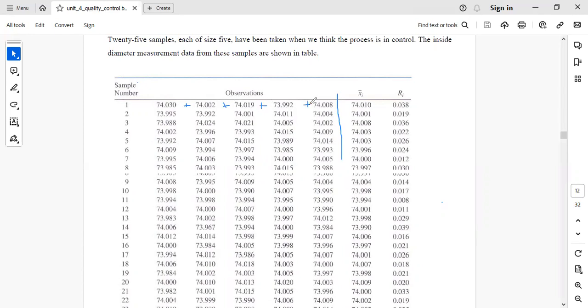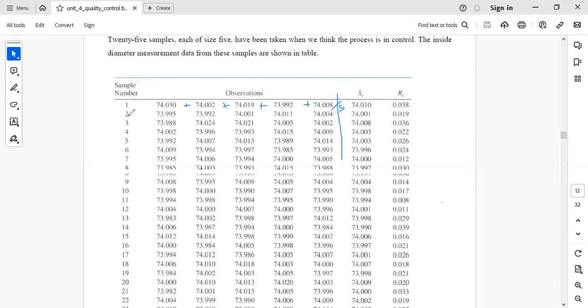Once you add them, they are 5 of them, so you divide by 5 to get what you have here, 74.010. That is the mean for the first sample.